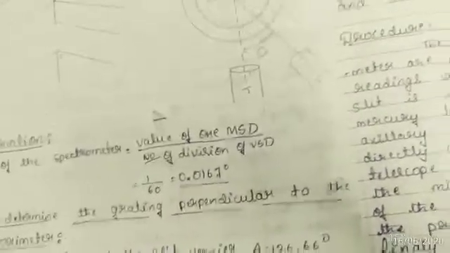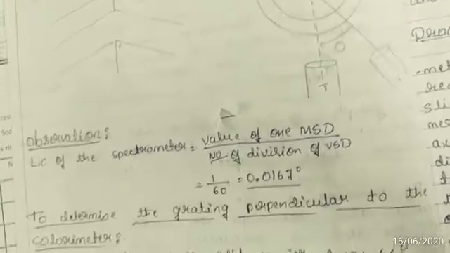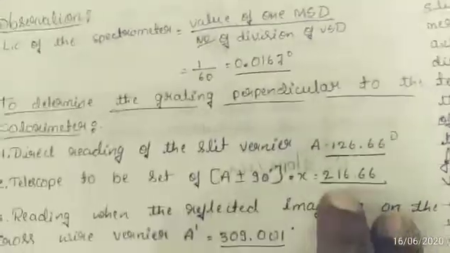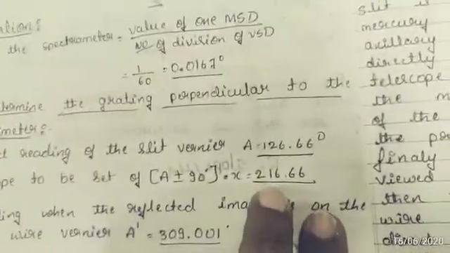Now the telescope is to be set at A plus or minus 90 degrees. Here it is 216.66. I added 90 degrees to 126.66 and got 216.66 degrees.